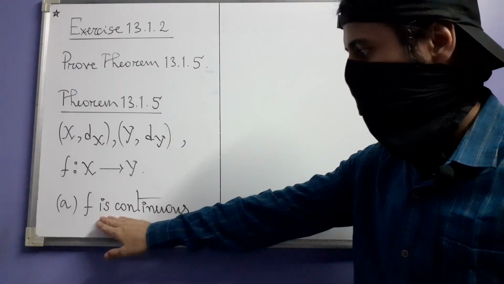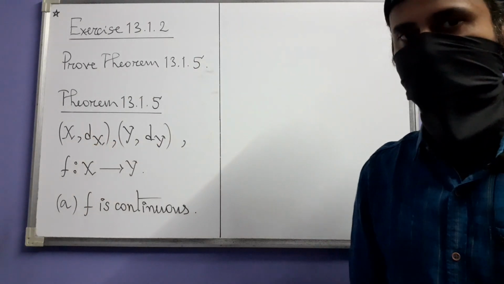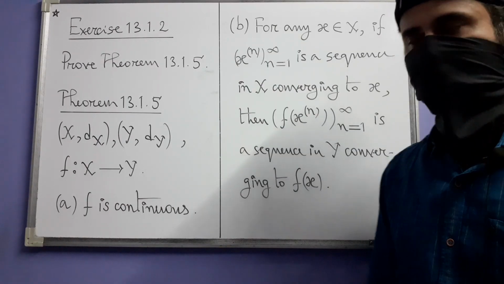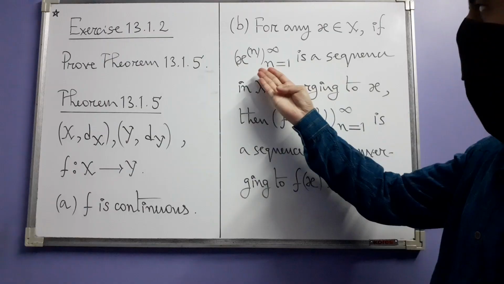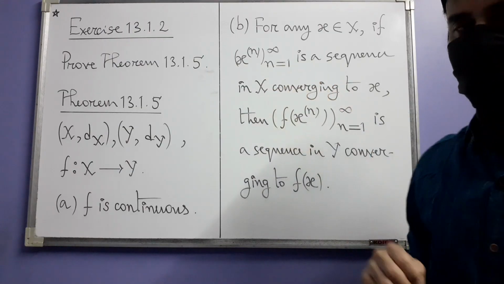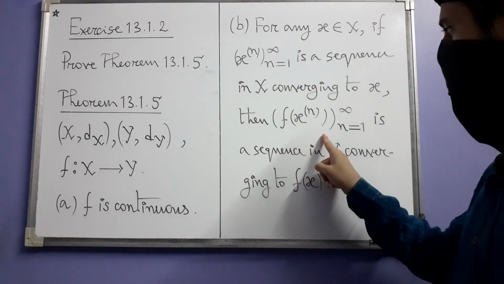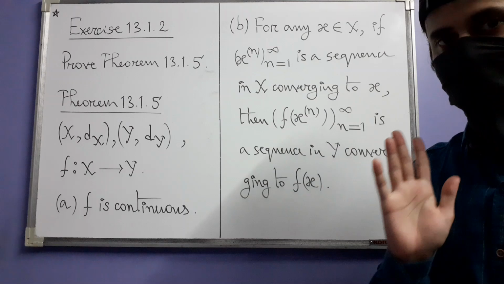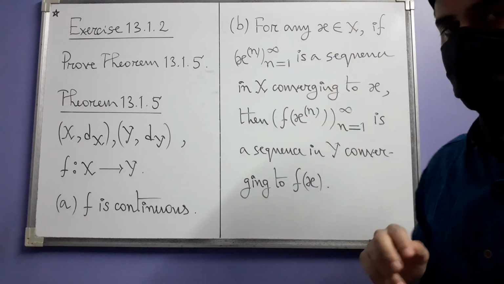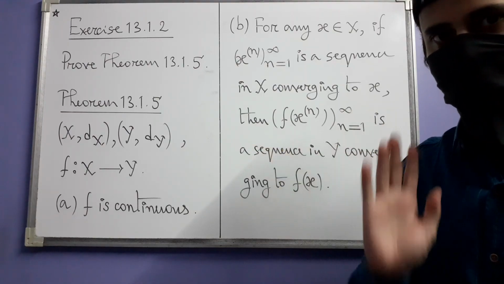Here, however, f is continuous means f is continuous at every point of X. Next, statement B: for any point x in X, if x_n is a sequence in the space X converging to that point x, then f of x_n is a sequence in Y converging to f of x. Here also, this x is actually any point in X, unlike that single point x0 in the previous theorem.